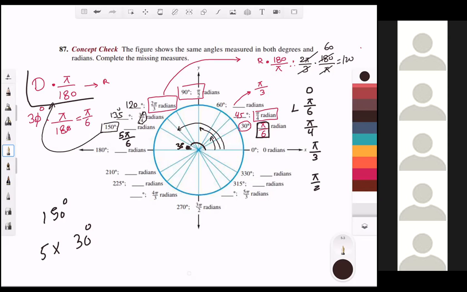Any number that is here, it would be a multiple of that. I mean, the reference angle will be this one. For example, what is sine of 7 pi over 4?